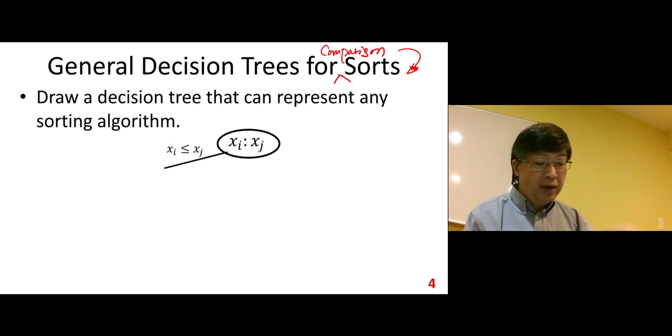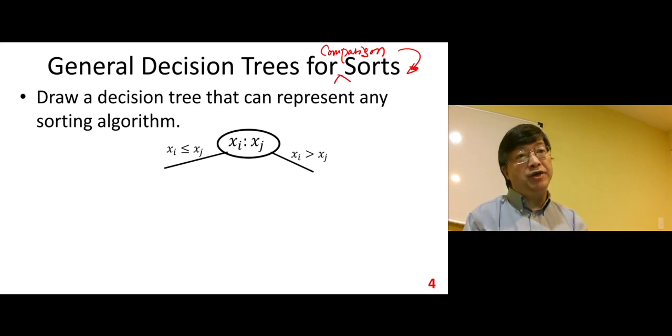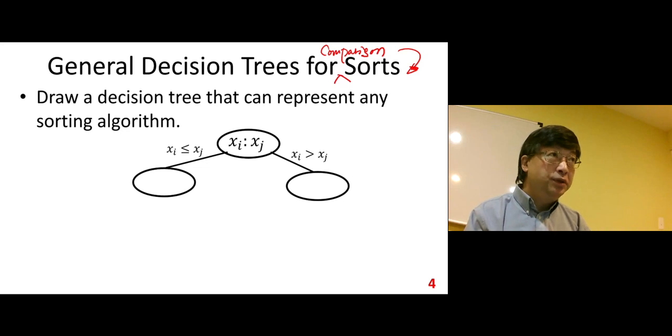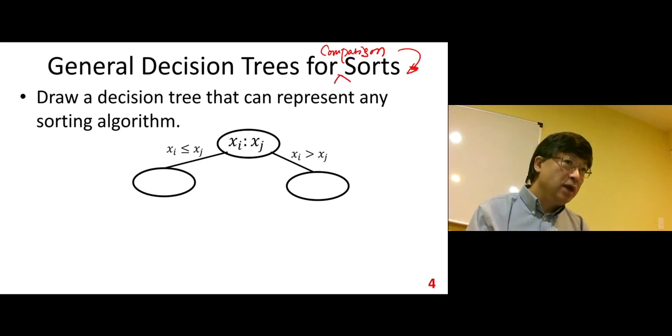There are two outcomes. First, xi less than or equal to xj. Second, xi greater than xj. Then we can go down to compare two other elements.